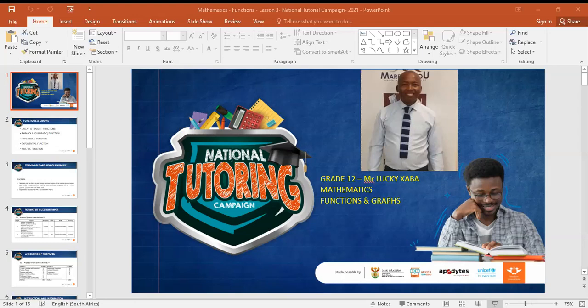But at point D, which is the point that we want, we already have one coordinate. We know the x at this point. The x at point D is the same as the x at point E, which is the same as the x at point A, because they are on one line.